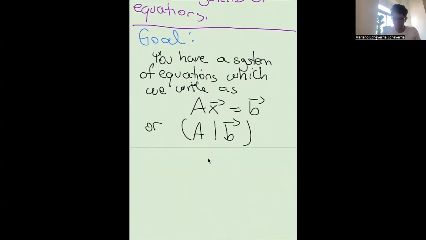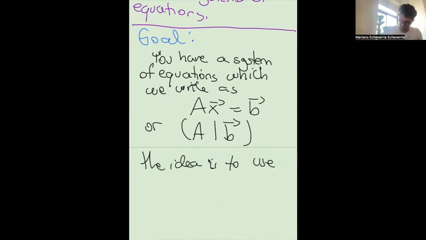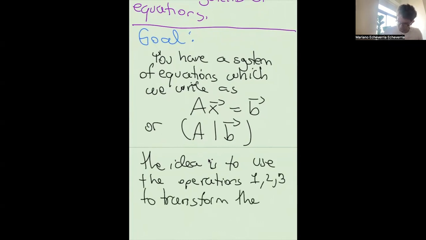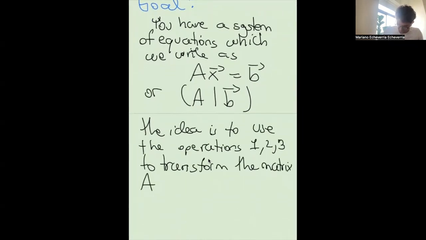But the idea is to use operations 1, 2, and 3 to transform the matrix A into the identity matrix as much as possible.